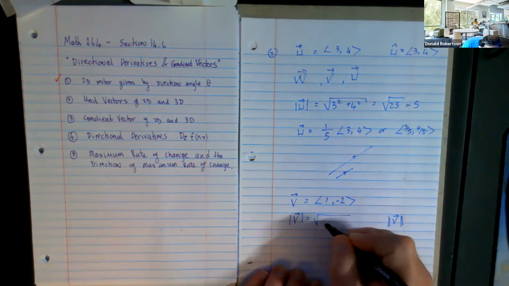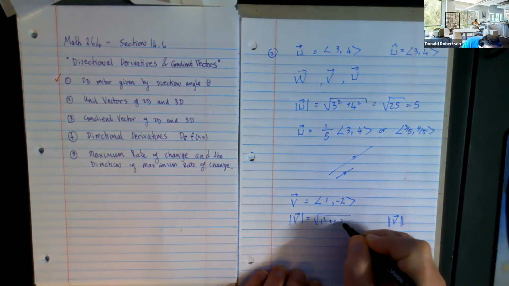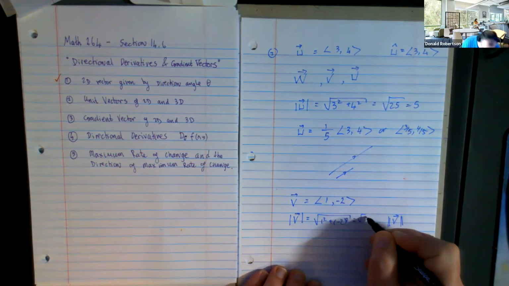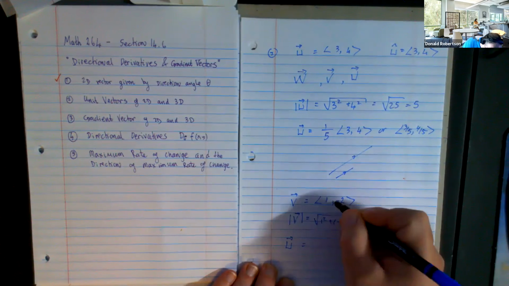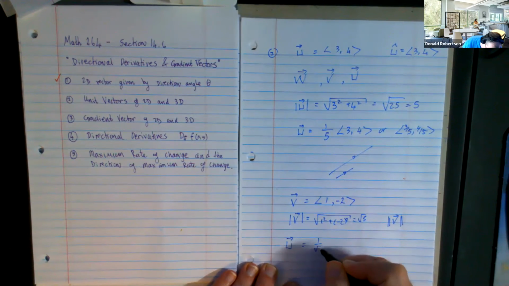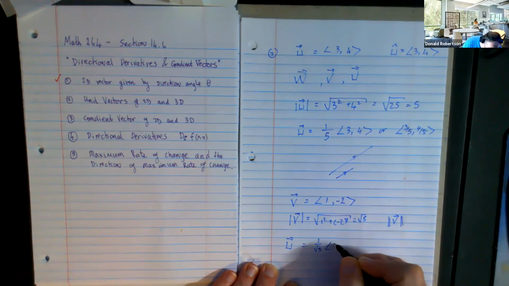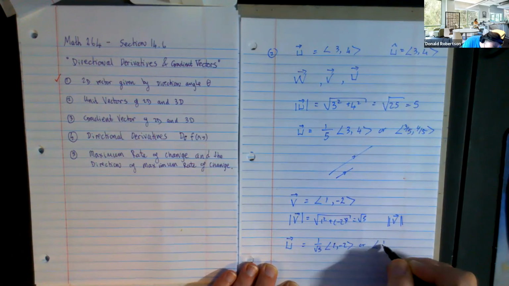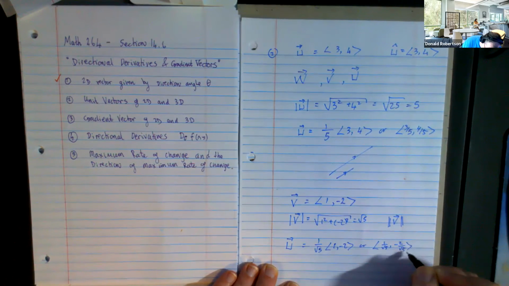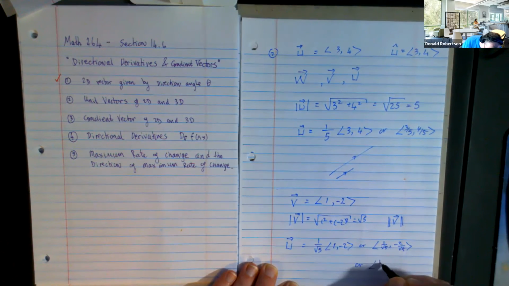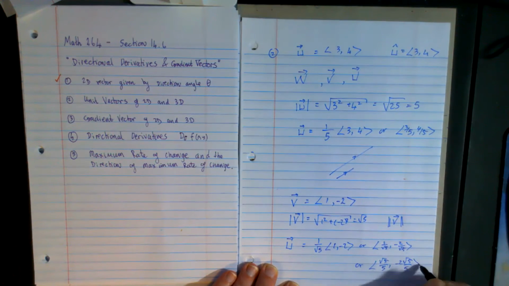Now, in this case, it's going to be 1 squared plus negative 2 squared, which is the square root of 5. And so the unit vector of this guy would be that guy, or that guy. Shouldn't that be V, not U?